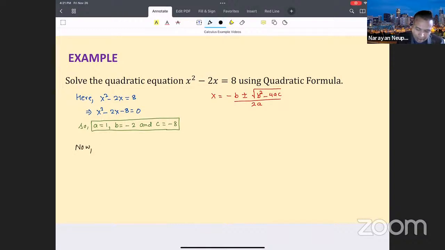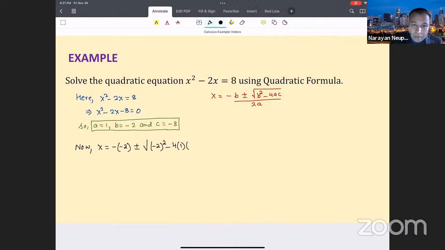Now the value of x is equal to negative b, negative of negative 2, because b is already negative. This negative is here, and the value of b is a negative 2. So negative of negative 2, then plus or minus square root of b squared, b is negative 2 squared, minus 4 times a is 1, c is a negative 8.